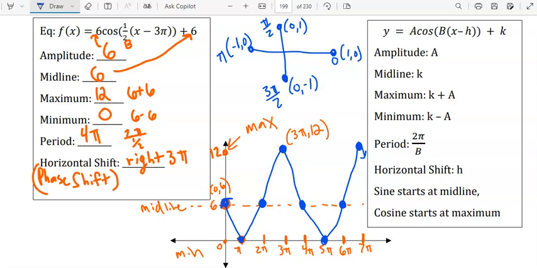Each increment from midline to minimum to midline to max is just the period divided by 4.